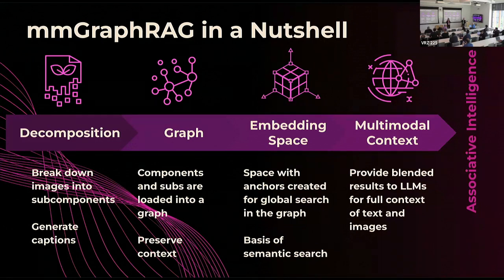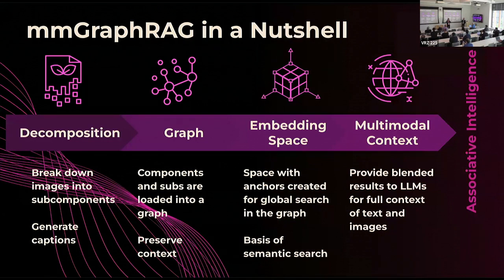After we've decomposed to subcomponents and preserved the context with the graph, we now have to use an embedding space. This space creates the anchors for your global search in the graph, and it's the basics of our semantic search as well. So it's the backbone between the semantics and the graph.